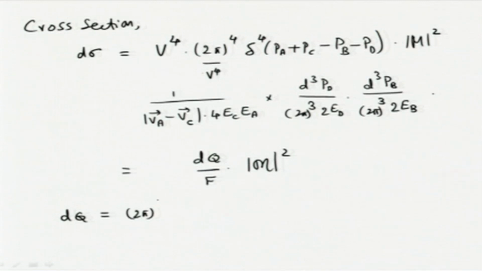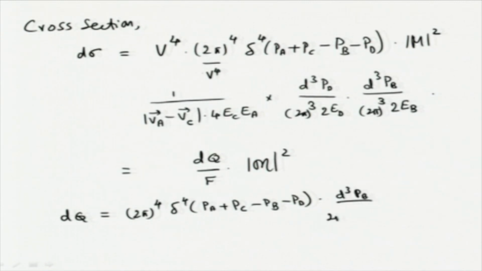So, there is a (2π)^4 and delta for p_A plus p_C minus p_B minus p_D, and d^3p_B over (2π)^3 2E_B, d^3p_D over (2π)^3 2E_D.